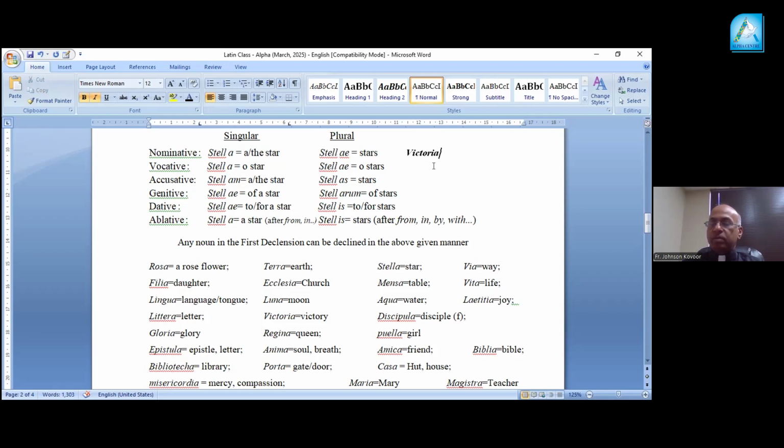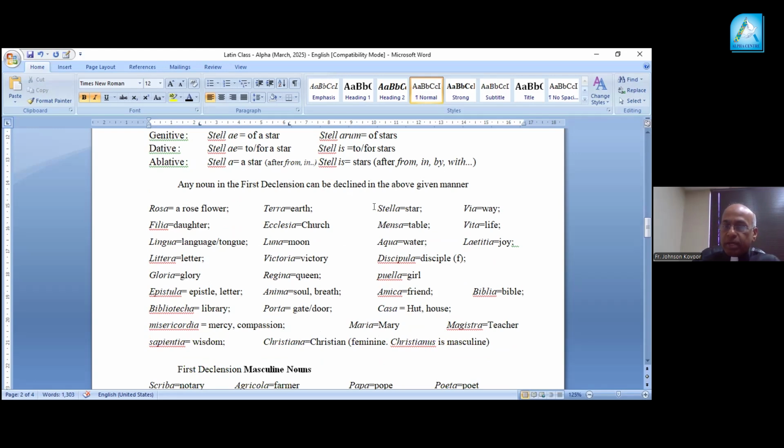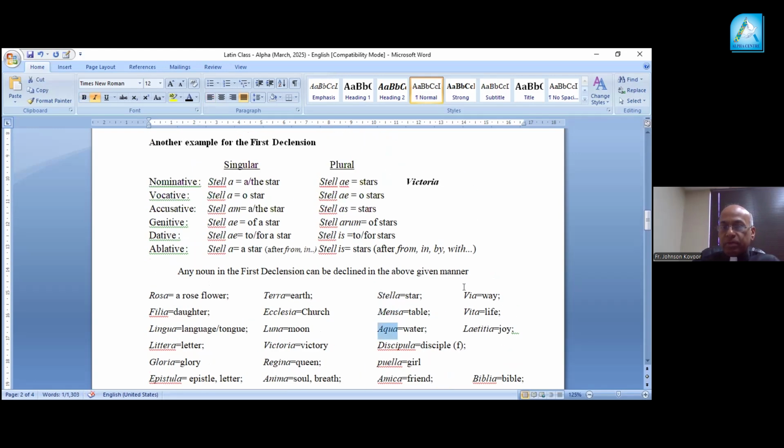Nominative, vocative, and ablative are the same. In an examination, if the examiner is asking to decline mensa or aqua, even if you do not know the declension exactly, if you write all these as rosa, at least 3 will be correct. That means nominative, vocative, and ablative are the same. Anyway, Victoria, accusative Victoriam.